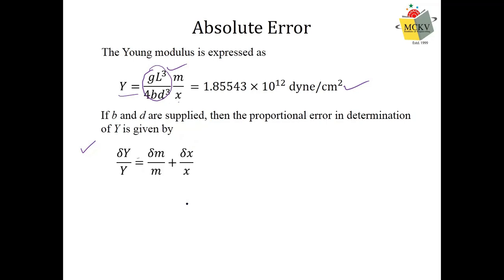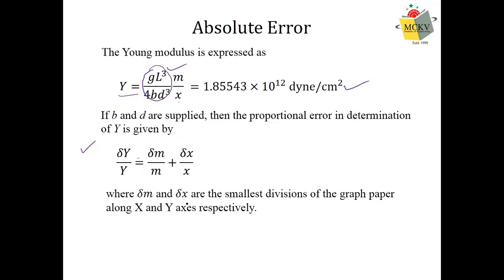And how have we estimated them? We have estimated them from the graph. So m and x will be the values which you have estimated from the graph. What value have you chosen as m? 1100 gram. And for 1100 gram, we have estimated the x value as 0.43 centimeter for the data set we are using here.